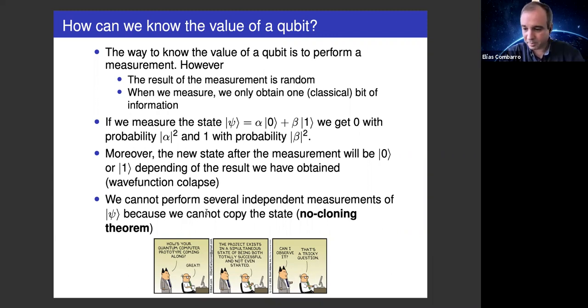This is again a property that is very different from classical computing. In classical computing, you have data and you can copy it as many times as you want.